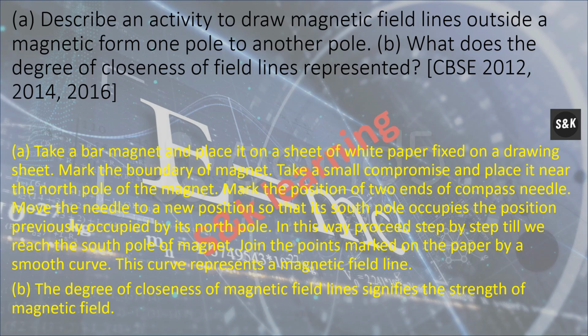Mark the positions of the two ends of the compass needle. Move the needle to a new position so that its south pole occupies the position previously occupied by its north pole. In this way, proceed step by step till we reach the south pole of the magnet, and join the points marked on the paper by a smooth curve. This curve represents a magnetic field line.